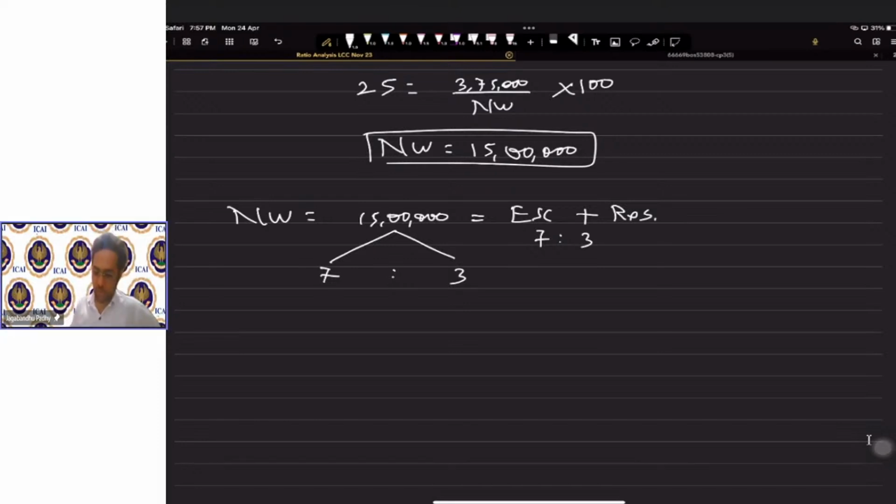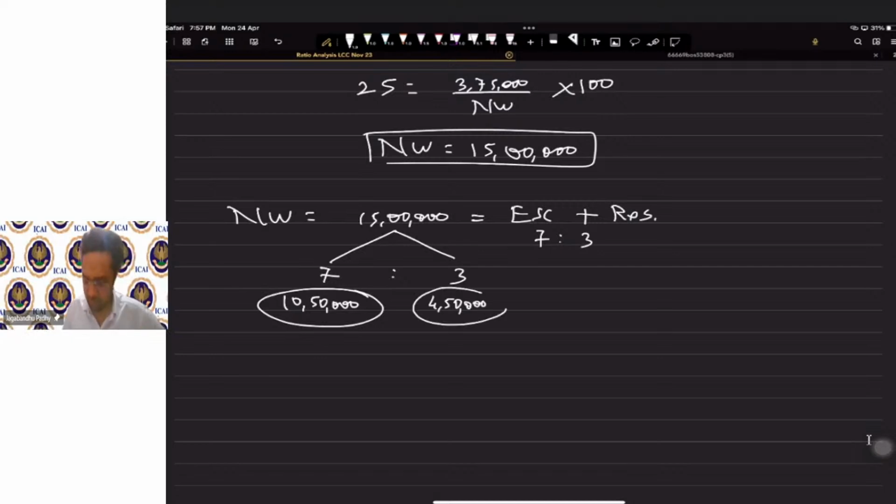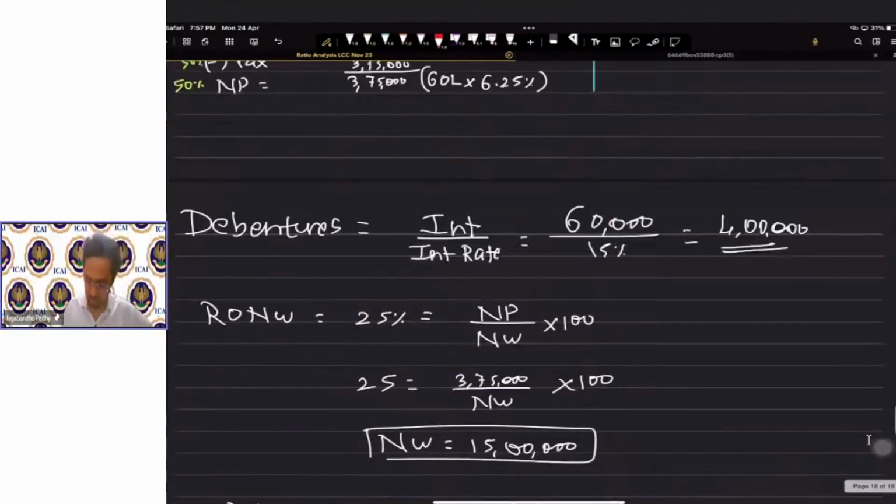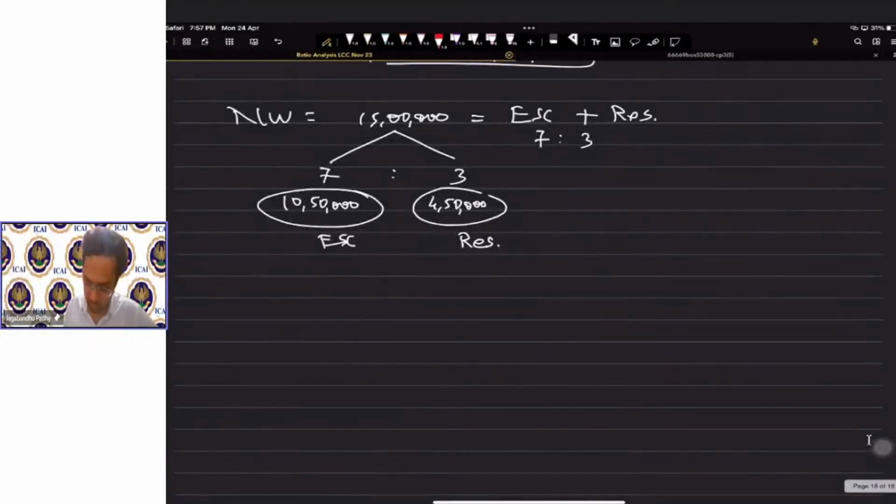So 15 divided by 10, which is 10 lakh 50,000, and the balance 4 lakh 50,000 is the reserves. The equity share capital is 10 lakh 50 and reserve is 4 lakh 50.